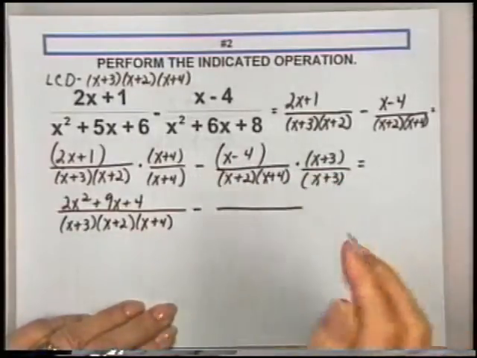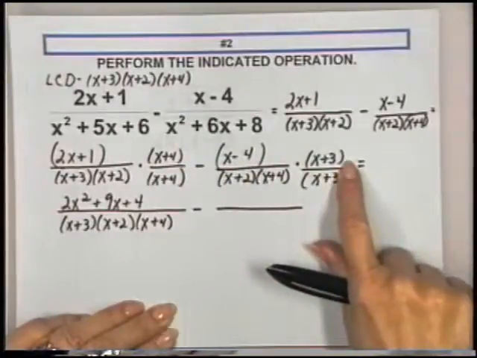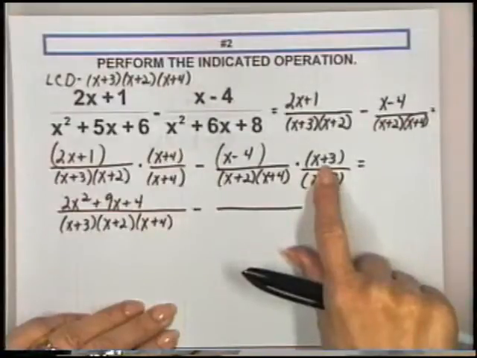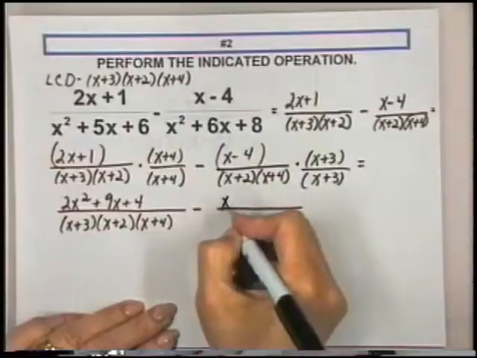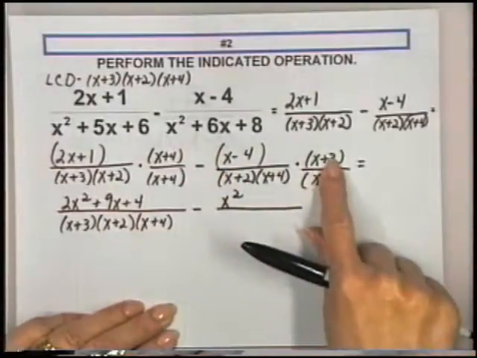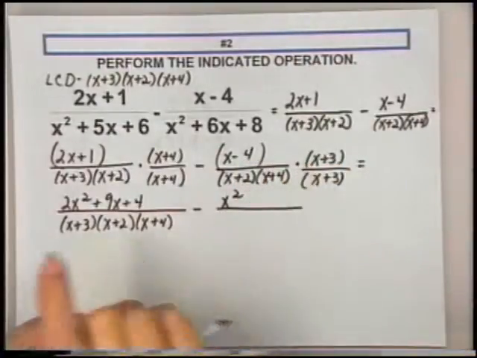For my second fraction, I will multiply out my numerator. I have x minus 4 times x plus 3, binomial times binomial. I need to use the FOIL method. For my first term, x times x will give me x squared. For my outer term, x times 3 will give me 3x.